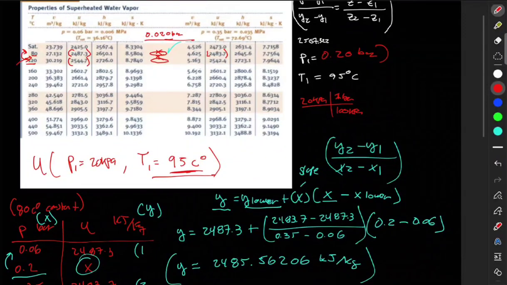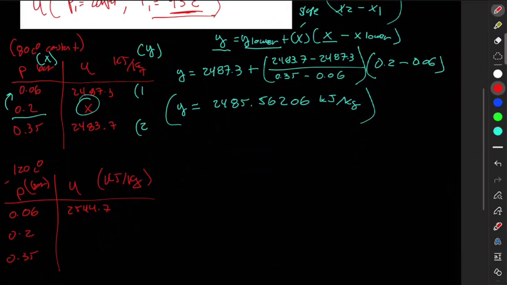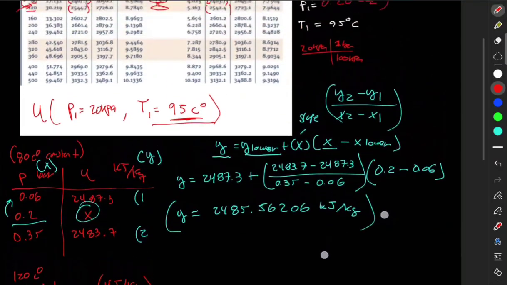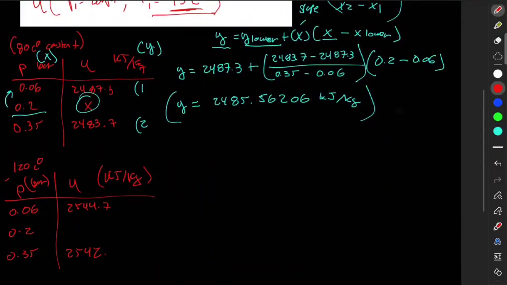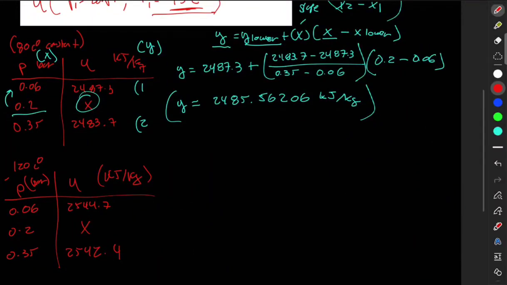And we have the 120 internal energy. Oh, this one right here, 2542. So, oh, it's a bad 5. 2542.4, and then x. So this is my y, this is my x. Same formula.